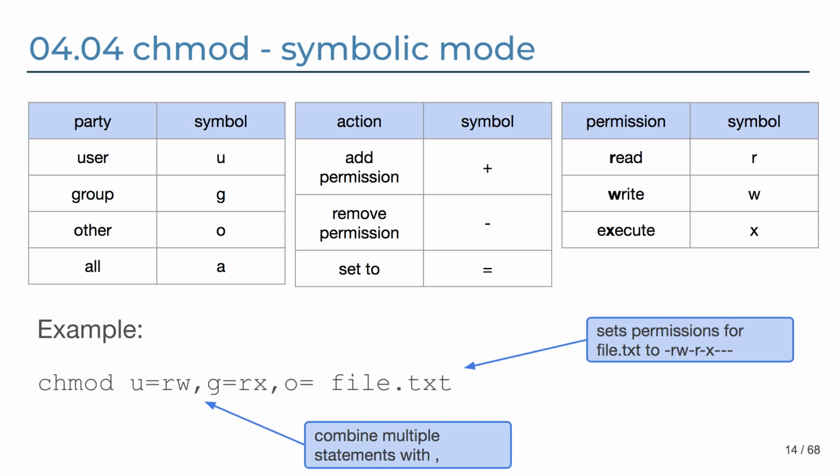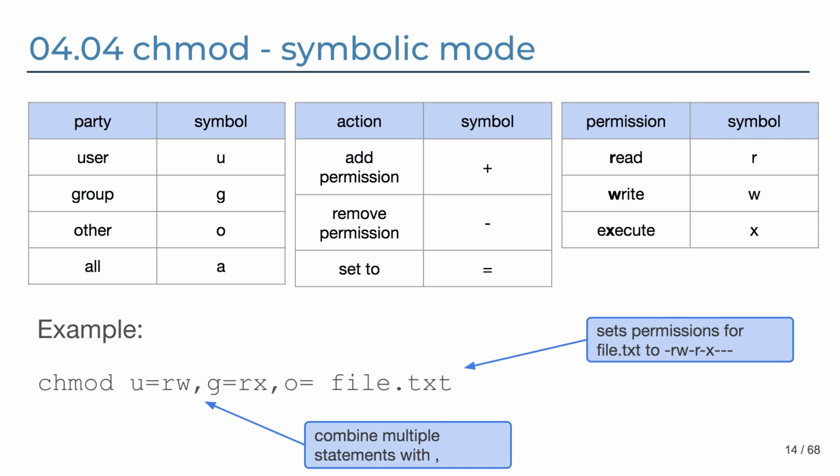Here, I change the permission so that the user/owner gets read-write permissions, the group gets read-execute permissions, and all the rest get no permissions. When I would list that, I would get the string dash, rw-, r-x, and 3 dashes.